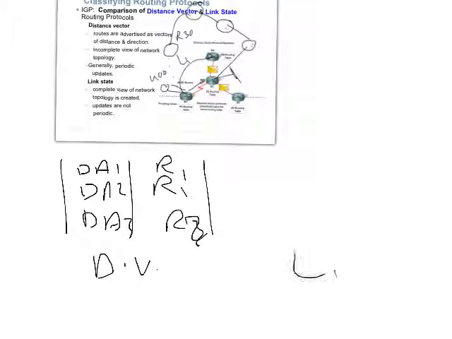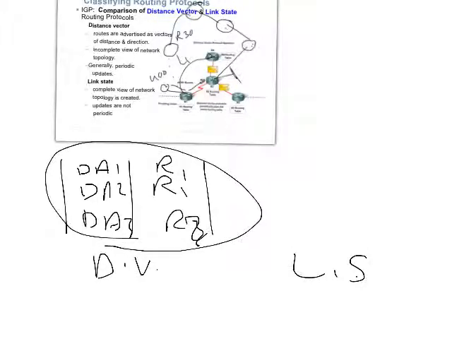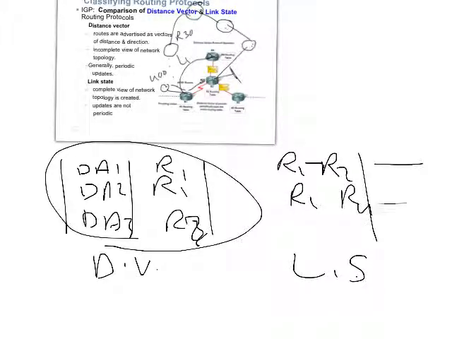For link state, you don't have this. You have one link, so router 1, router 2. This is a link and specific information. Router 1, router 4 and specific information. Router 1, router 5 and specific information.